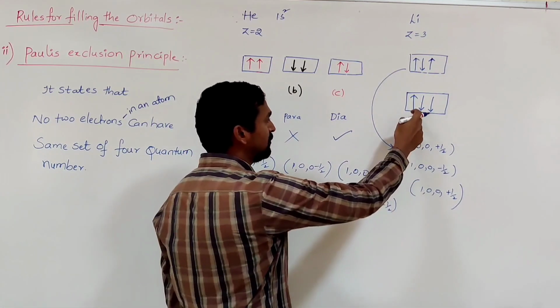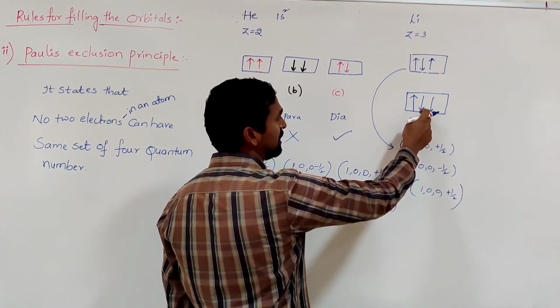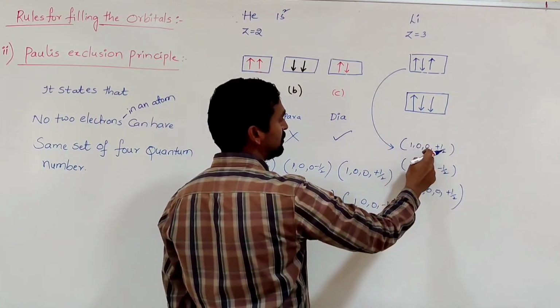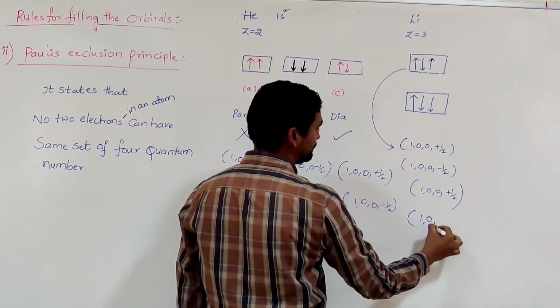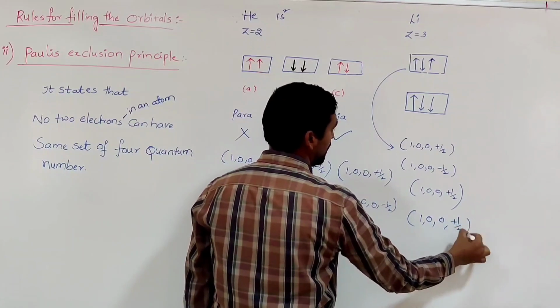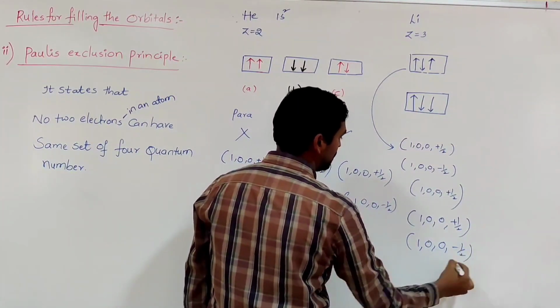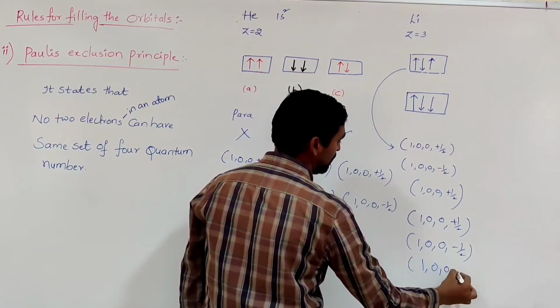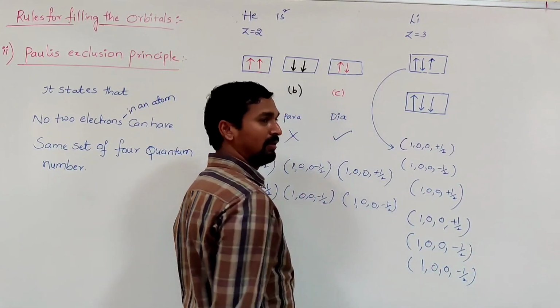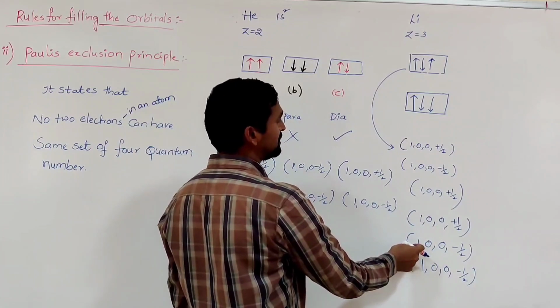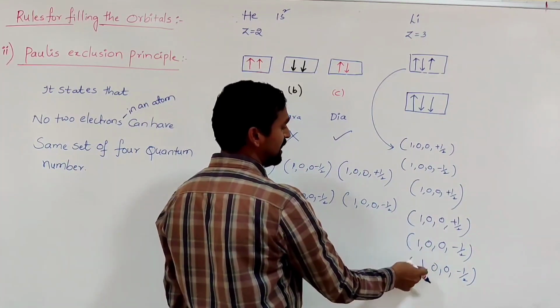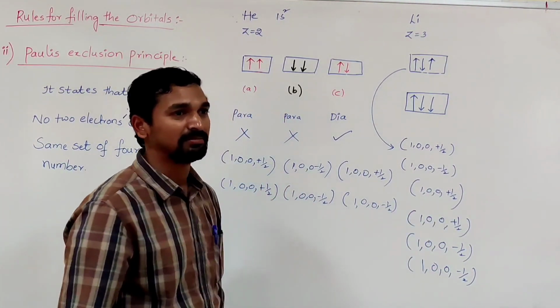Suppose you go to the second arrangement like this: 1, 0, 0, plus, and the second one is 1, 0, 0, minus, and 1, 0, 0, minus. Right? The first and second have different sets of quantum numbers, but the second and third have the same set of quantum numbers.